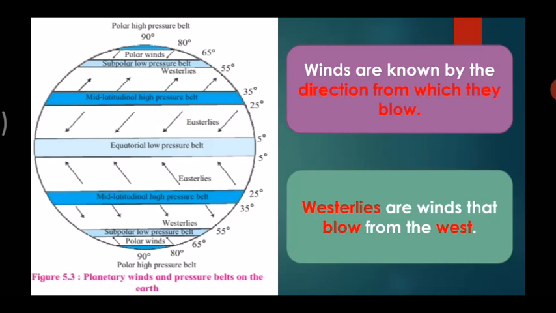Then between 25 degrees north to 35° north and even in south, we have the mid-latitudinal high pressure belt.